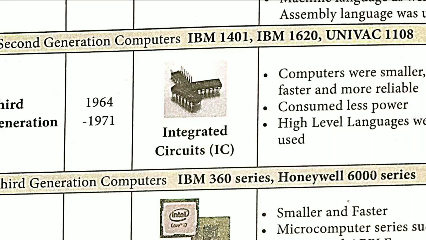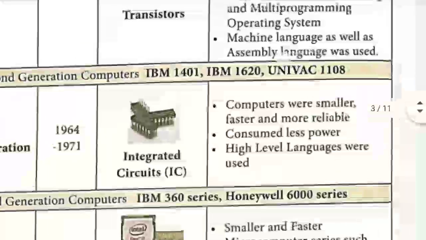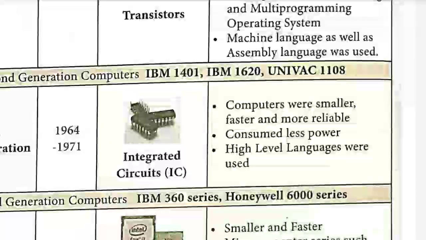This third generation computer prevailed in the year 1964 to 1971, and you can see that compared to the others, the computers were smaller and faster, consumed very little power, and high level languages were used.